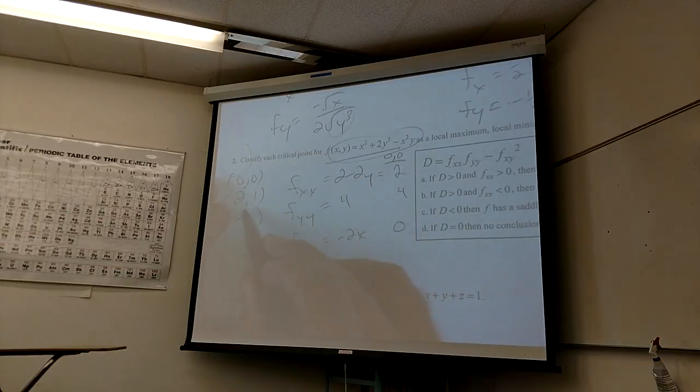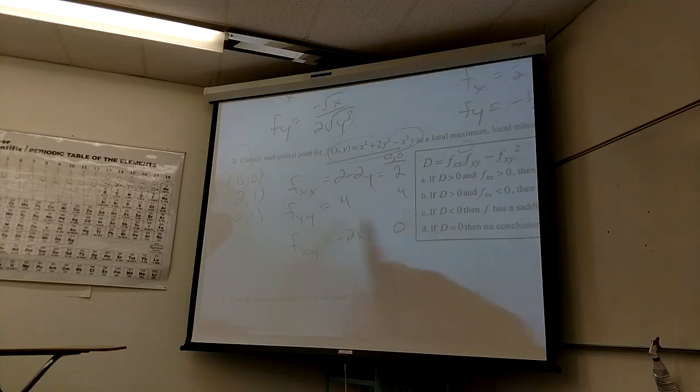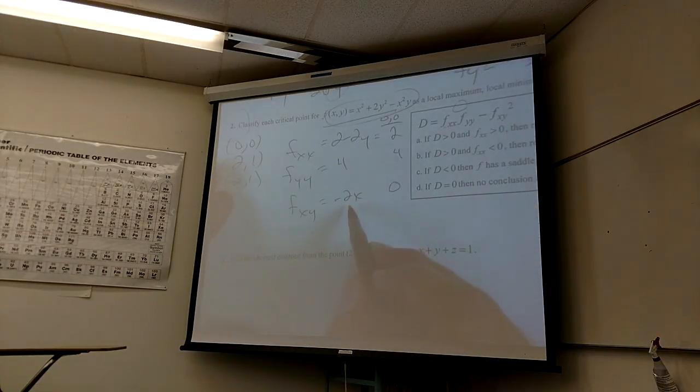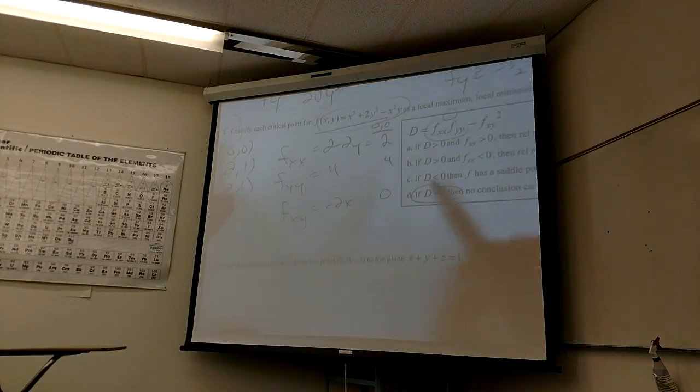If I plug in the point (2, 1), y is 1, fxx would be 0, so I don't care what fyy is, that's 0. Minus fxy squared, so this would be negative 4 squared, 16. It's going to be a saddle point, because anytime this guy is 0, it's going to have to be a saddle point. I like it.